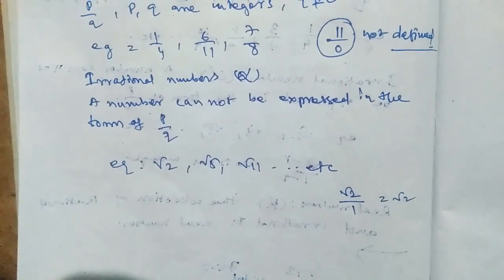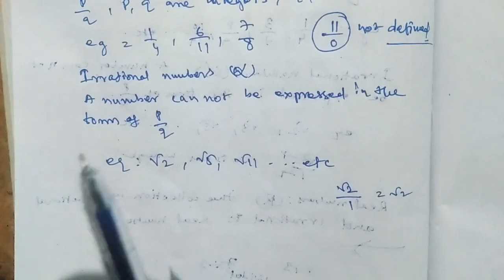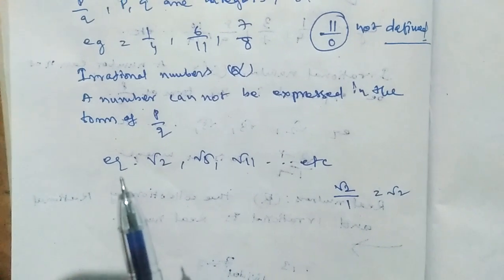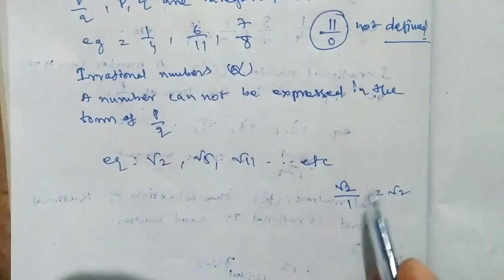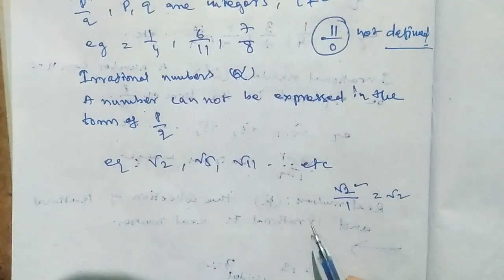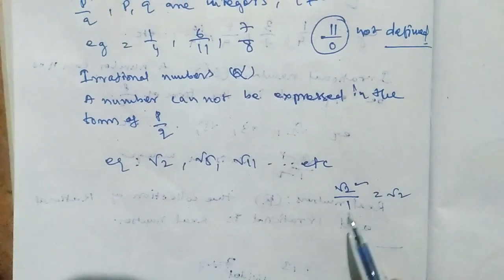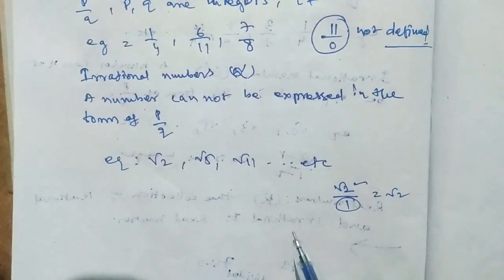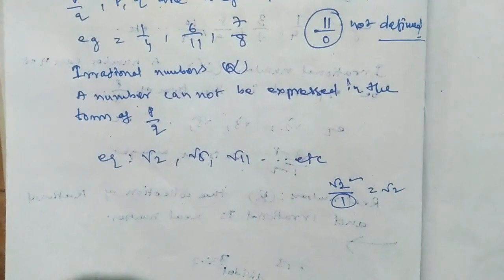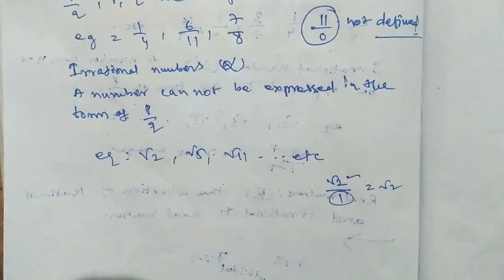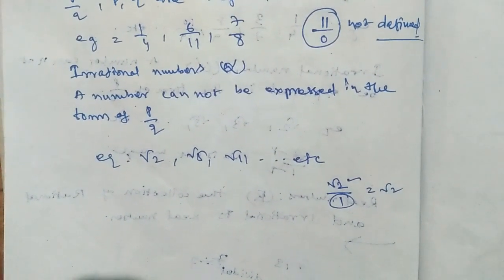Because as per the definition of a rational number, a number can be expressed in the form of p by q, where p and q are integers. You can observe here, root 2 is not an integer. 1 is an integer, it's okay, it does not equal 0, but root 2 is not an integer. That's why it is not a rational number.